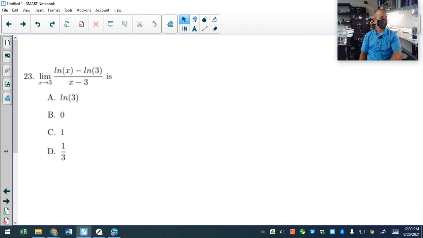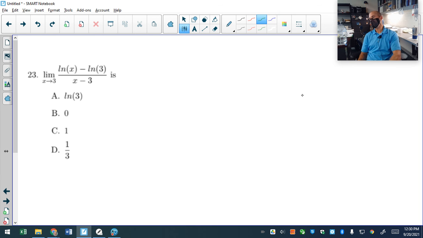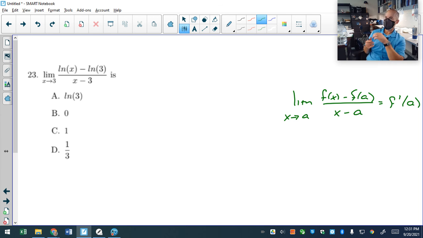It's presented as a limit, but you're not expected to actually solve this as a limit. You're expected to look at that and identify the hidden question, because this limit is in the format of the limit as x approaches a of f of x minus f of a over x minus a. It's one of the two limit definitions of the derivative, which gives you the slope of the tangent at a. So I'm not going to answer this as a limit.